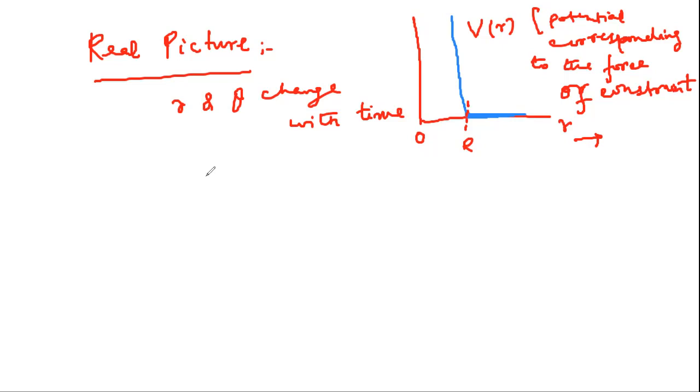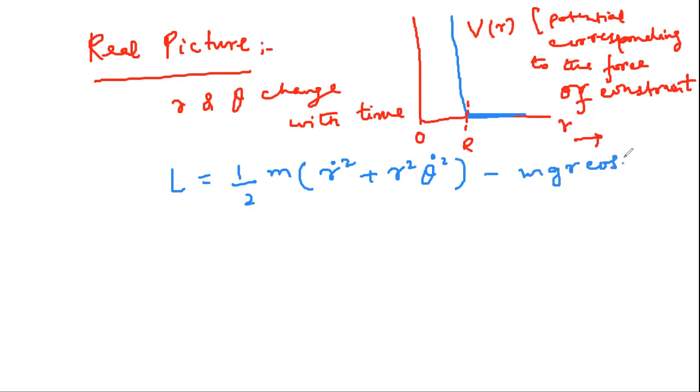Now, the Lagrangian will be like this. It will be half m, r dot square plus r square theta dot square, minus m g r cos theta, minus V of r.